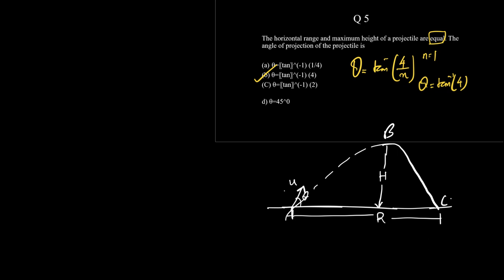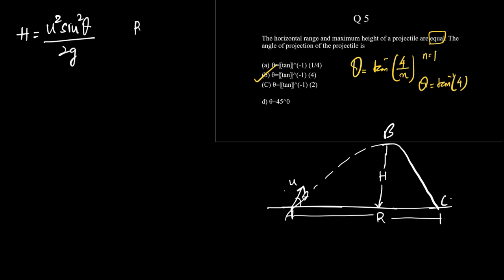So we know that we have derived this. And what is the equation for H? H is equal to u square sine square theta by 2g.